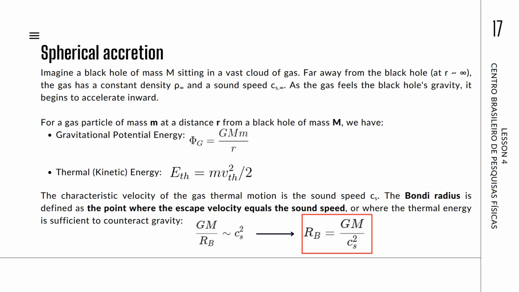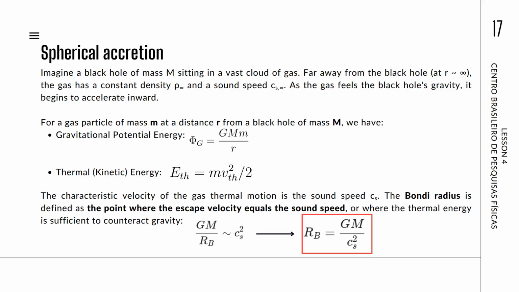Okay, so imagine you have the black hole inside an infinite cloud of gas, constant density. Okay, time zero, everything is homogeneous, and then the gas starts falling onto the black hole. This will define the Bondi accretion and Bondi radius, you see.